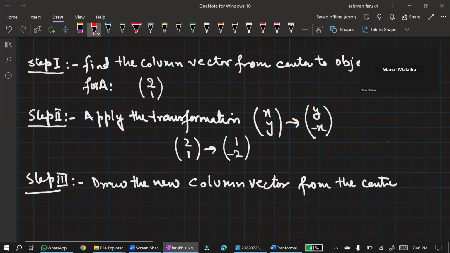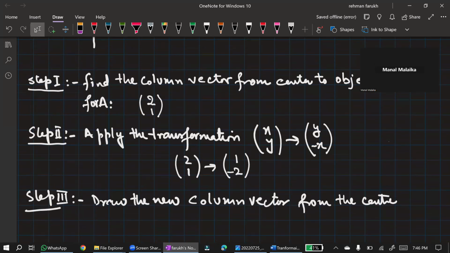For B, the column vector is 4, 1. When we apply this transformation to 4, 1, the answer is 1, minus 4.